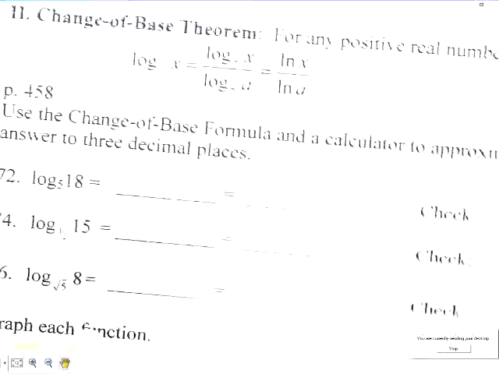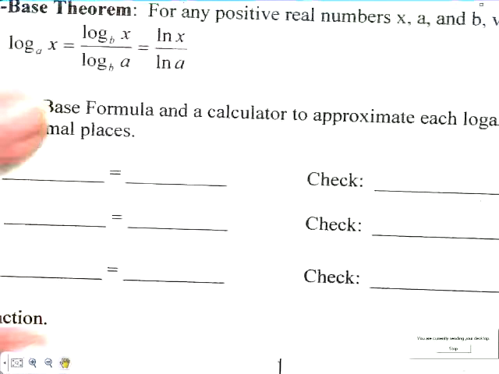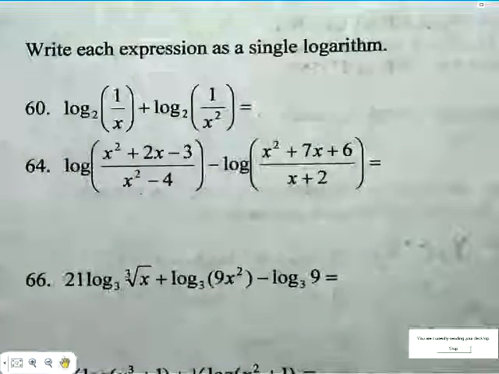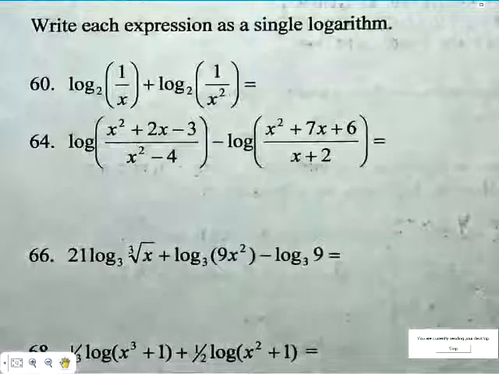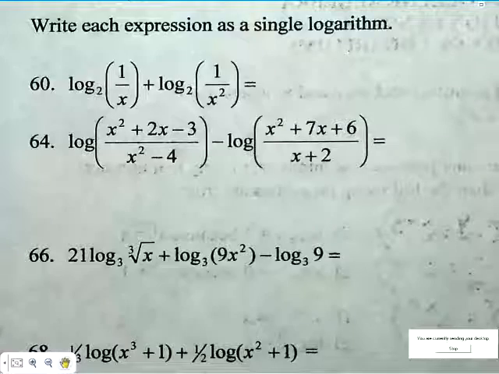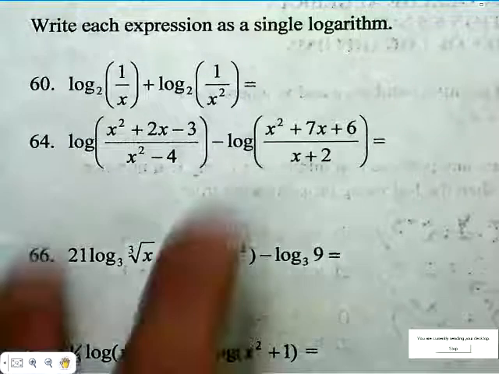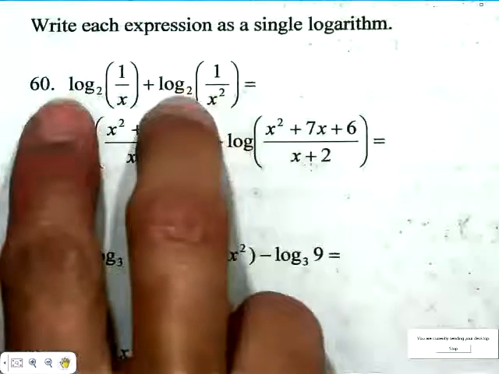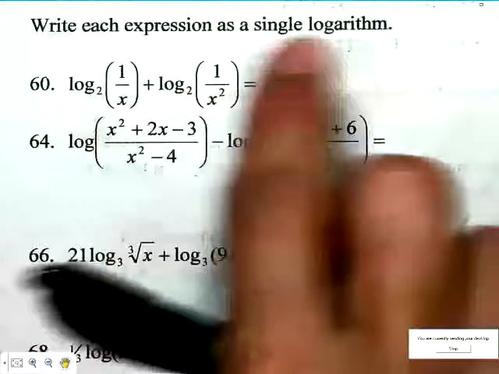All right, numbers 60 through 68, we're practicing putting logarithms back together. And the hard part is not putting them back together, it's cleaning up what you have after you've put them back together. For example, number 60, I know I could put those two logarithms back together as a single log.